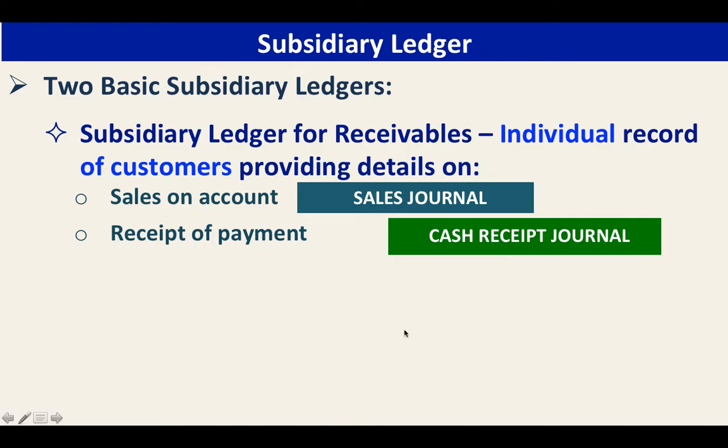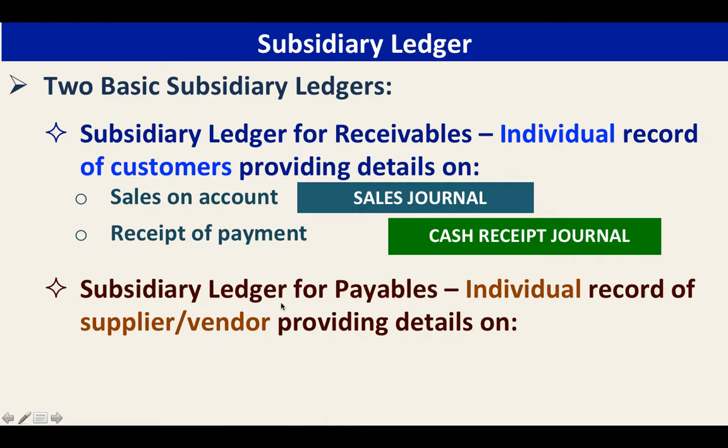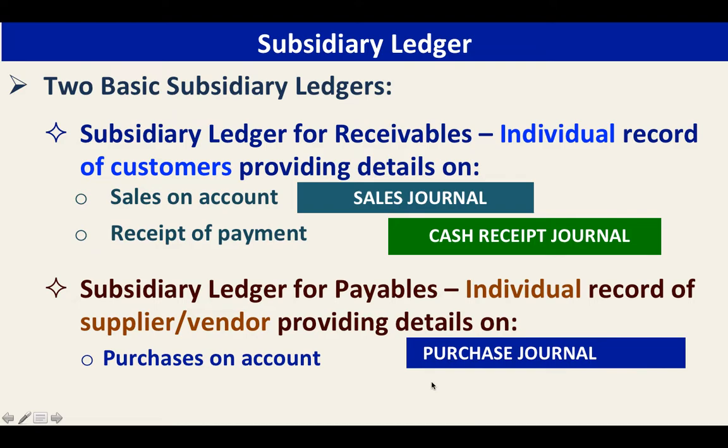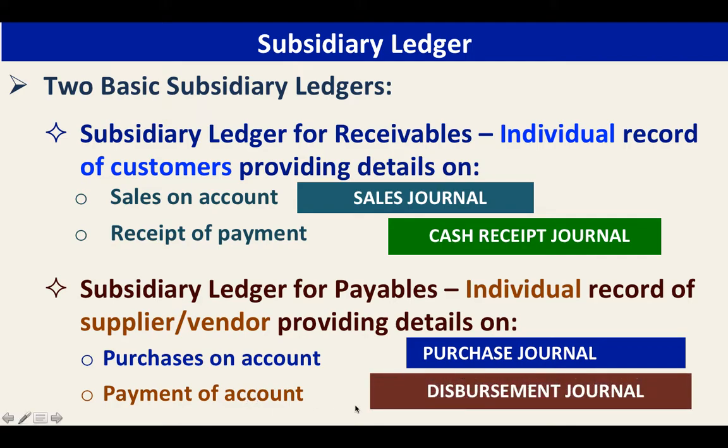Okay. And the other subsidiary ledger is for payables. These are individual records of supplier vendor providing details on our purchases on account. And we can get that from our purchase journal. So the other one will be the payment of account, and we can get that from disbursement journal.